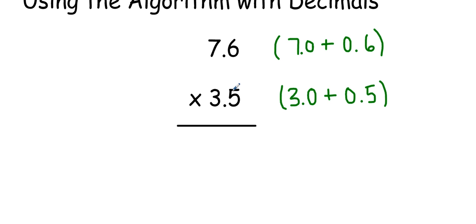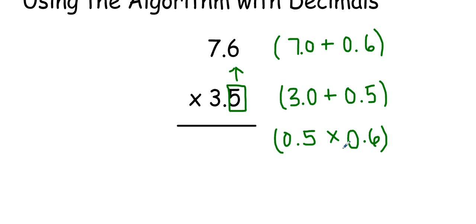So our first step would be to start in our furthest right place value here, which would be our tenths place, 5/10. And we're going to multiply up, so times 6/10. 5 times 6 would give us 30 if we were using regular whole numbers.